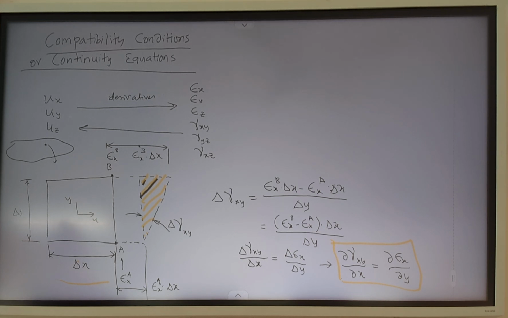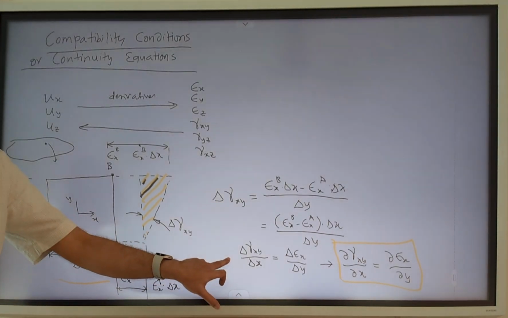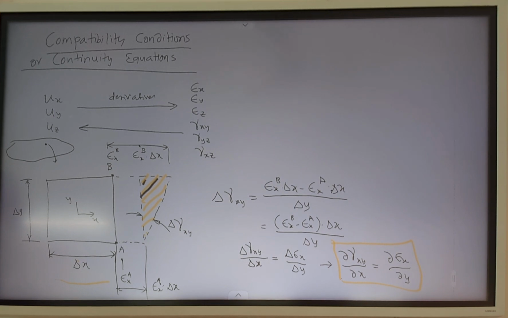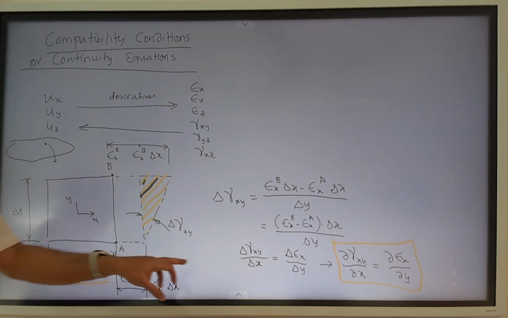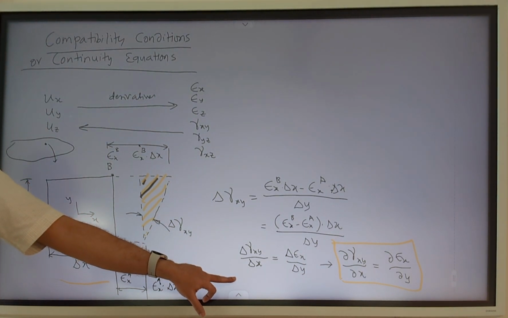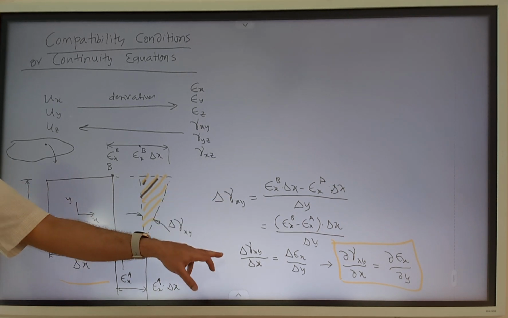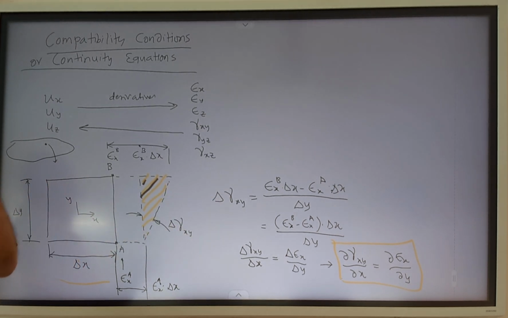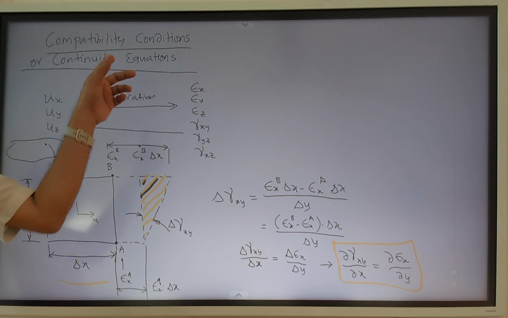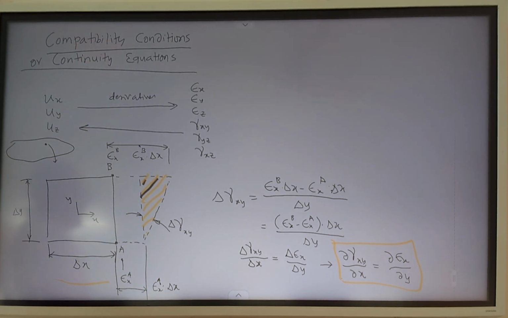So if epsilon x between the bottom and top edge is certain, the change in shear strain automatically gets frozen. That is a simple relationship. We'll see a more general form. We arrived at this equation for the simple case, and after a few minutes we'll see that it is a special case of a more generalized relationship called the compatibility equation.